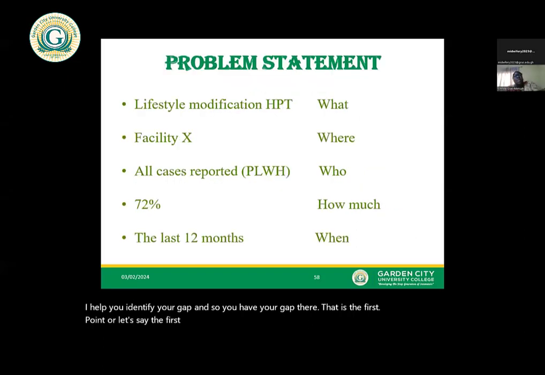Then, so lifestyle modification, facility X. My facility is called X, where all cases reported are persons living with hypertension.